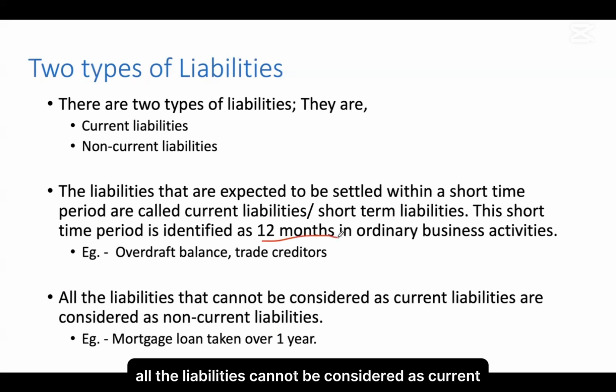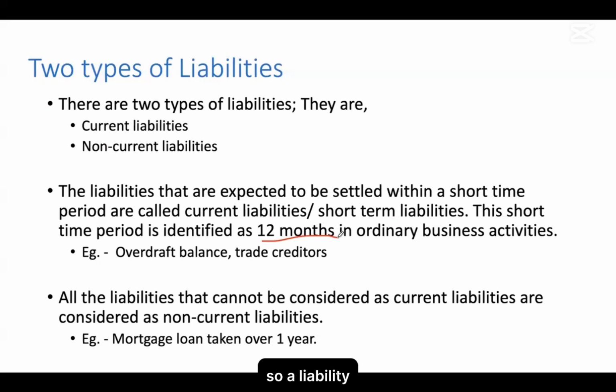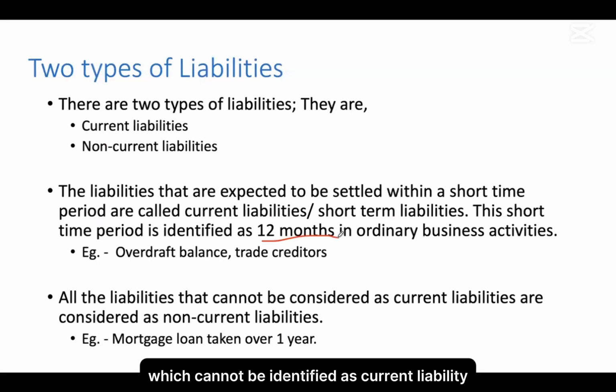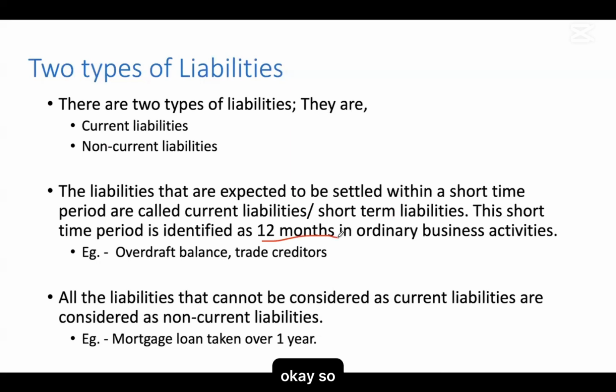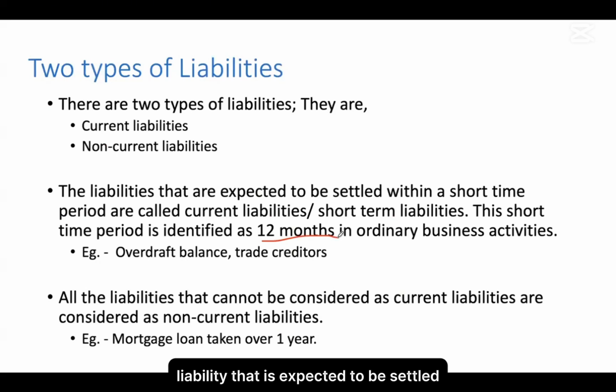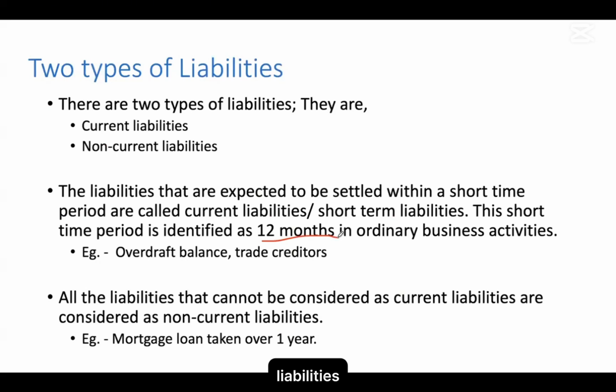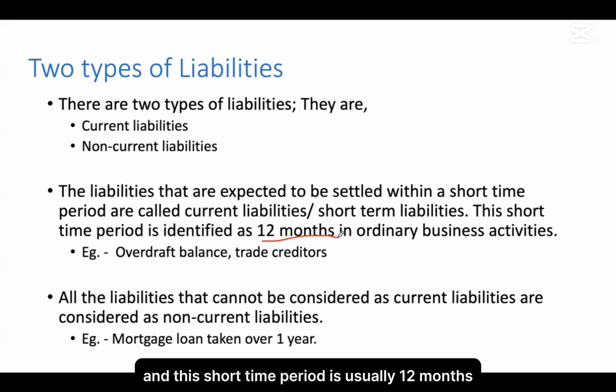All the liabilities that cannot be considered as current liabilities are considered non-current liabilities. So a liability that is expected to be settled within a short period of time is called a current liability, and this short time period is usually 12 months.